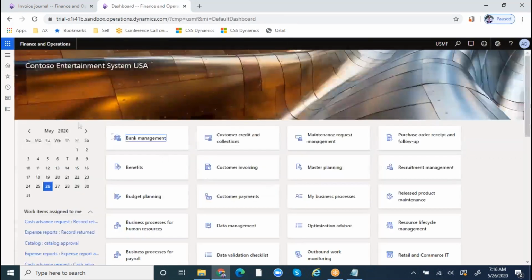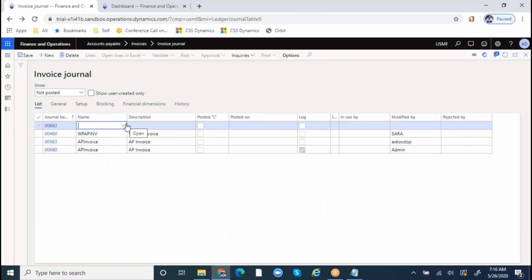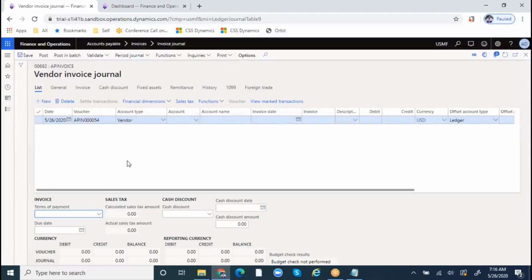Now I'm doing an invoice. Click on invoice journal. I'm selecting AP invoice lines. Select the vendor.